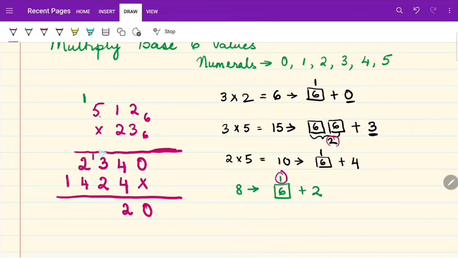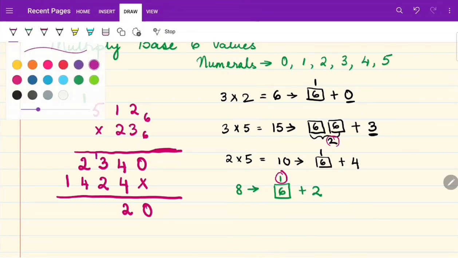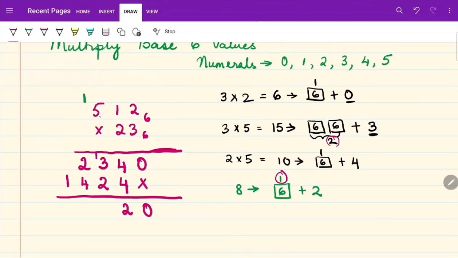Now next is, and let me just position it properly so there's no confusion, the carryover for this particular column. All right, so 3 plus 2 is a 5, and 5 plus 1, the carried over number has to be added, is a 6. So we'll have to bundle here.